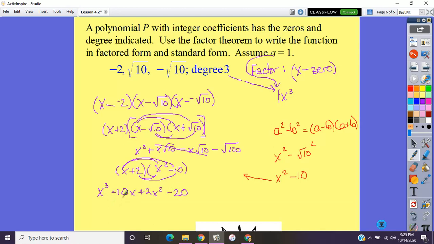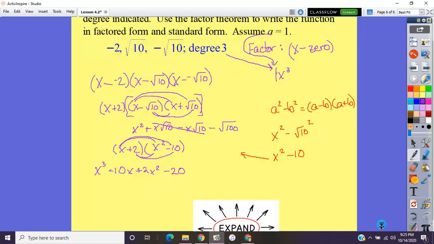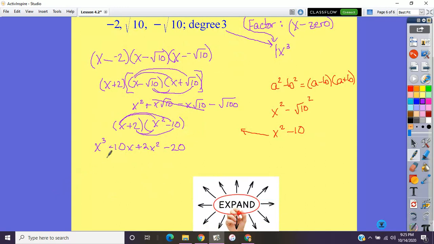Not a big fan of having things out of order, and it says it's a polynomial p, which means we're going to have p of x equals, let's put it in standard form, so x cubed plus 2x squared minus 10x minus 20. This right here, ooh, that's a terrible circle, sorry, is our expanded form.